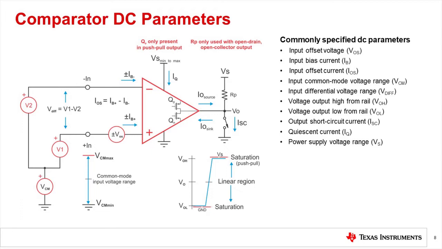You also have output short circuit current, the maximum output current that can be sourced or sunk by your output stage transistors. And quiescent current, IQ, is the typical current consumption of the device when the output current is 0. And you have power supply voltage range, VS, the range of allowable power supply voltage that is good for your device.